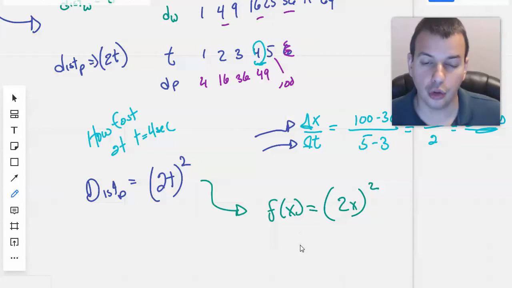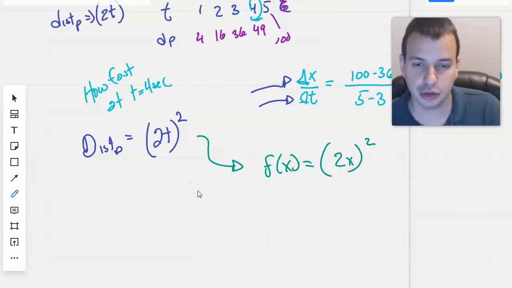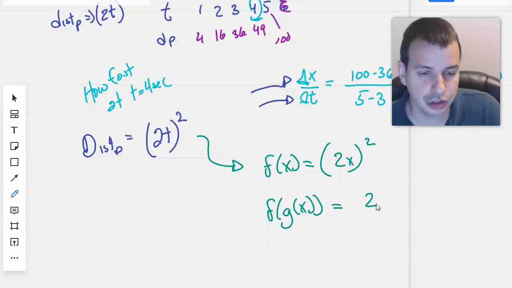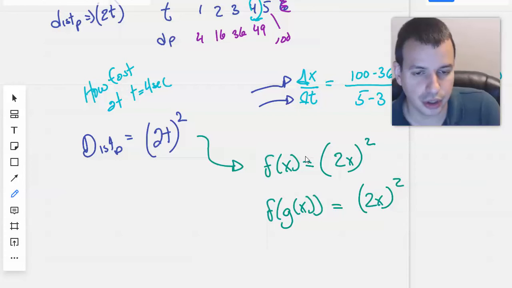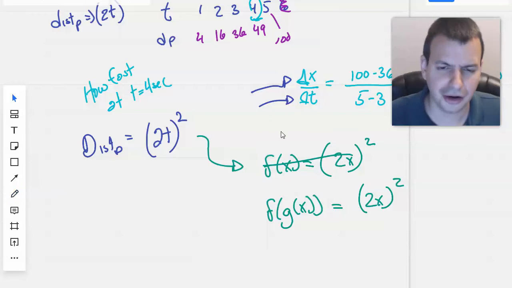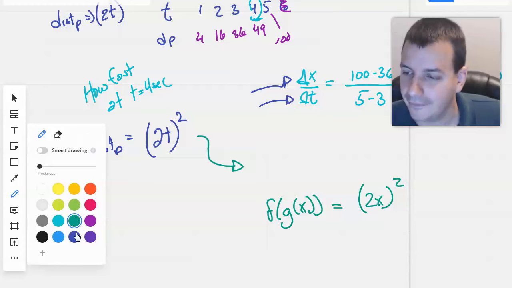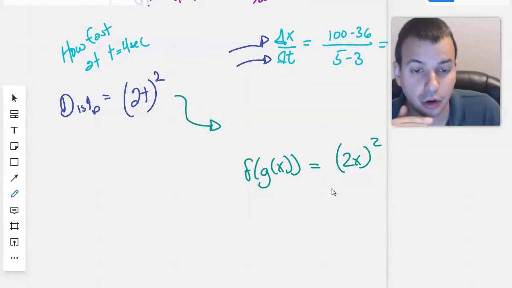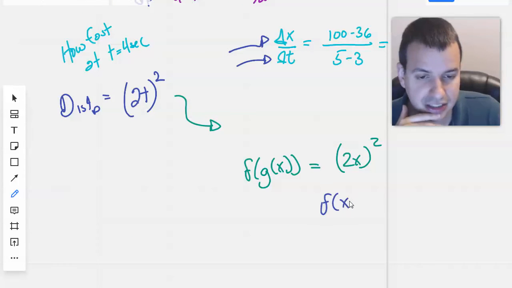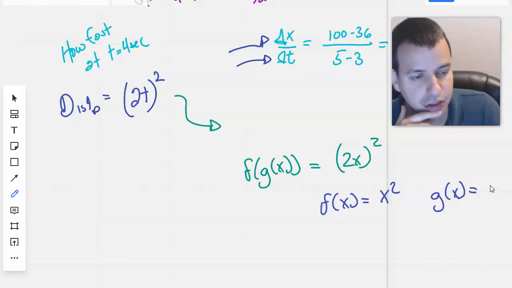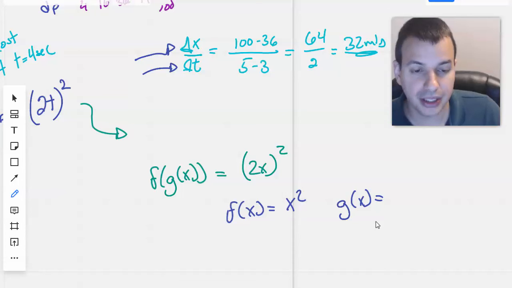So the way we would do this is we would rewrite this as f of g of x equals 2x squared. I don't know why I'd erase things like that. There we go. Gone. And so in this case, f of x would equal x squared. g of x, the interior function, would be 2x.